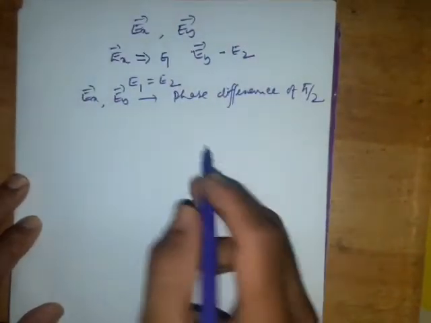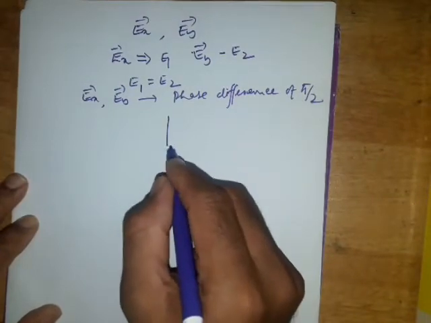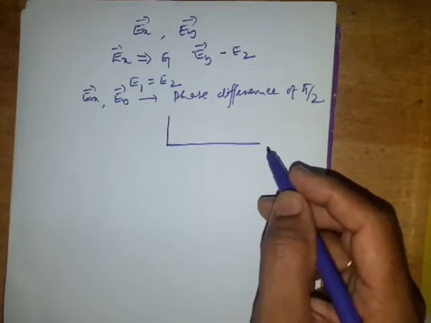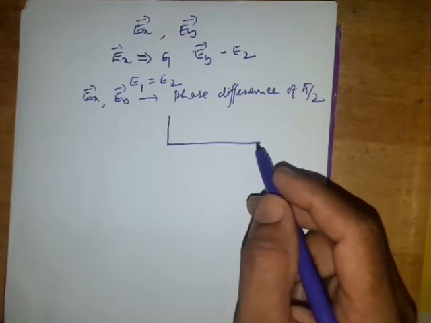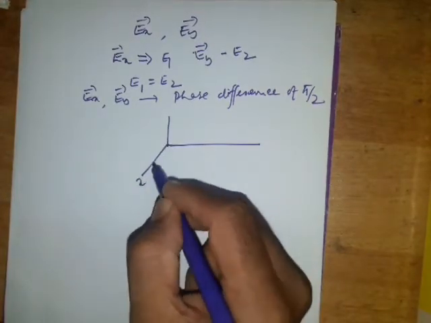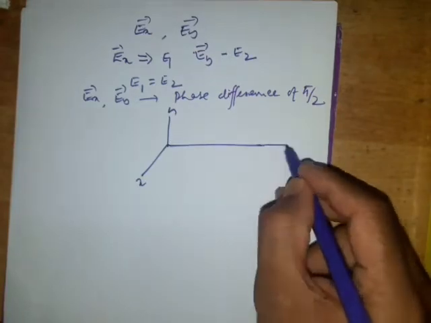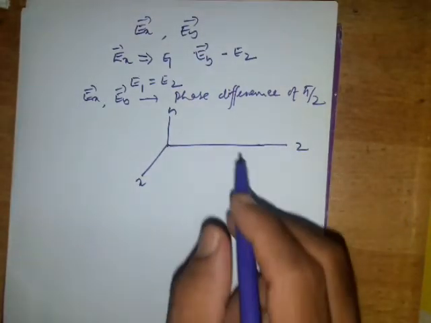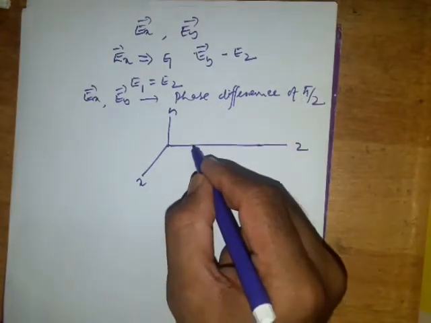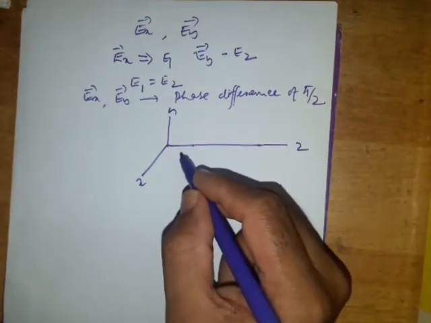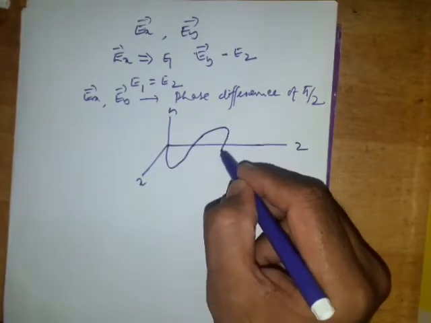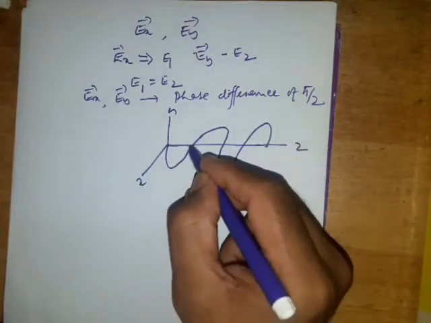Here the two components are like this. Say this is the x-axis, this is the y-axis, and this is the z-axis, and here they are not in phase. So I can write the vector Ex like this, something like this.